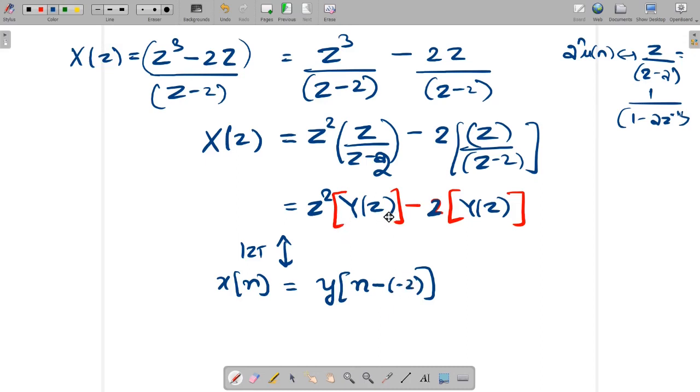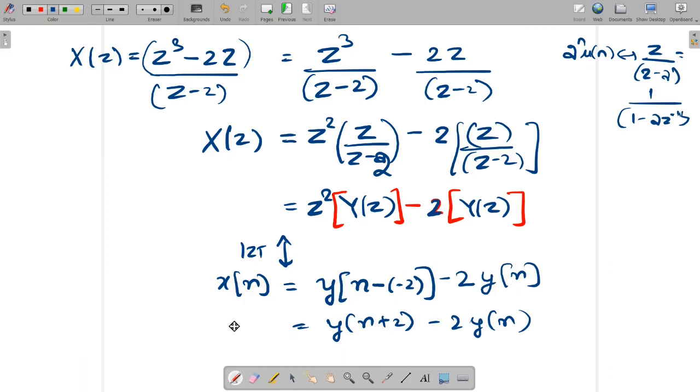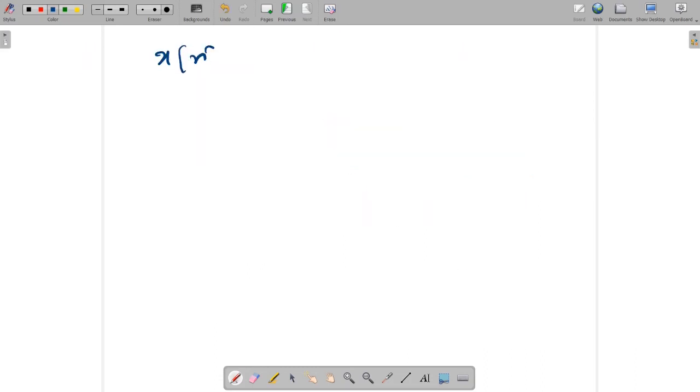So z squared y of z gives y of n plus 2, and minus 2 y of z gives minus 2 y of n. So I have got x of n in terms of y of n: x of n is y of n plus 2 minus 2 y of n.